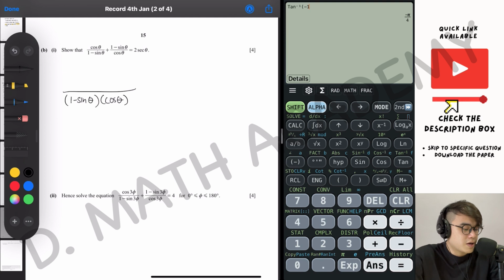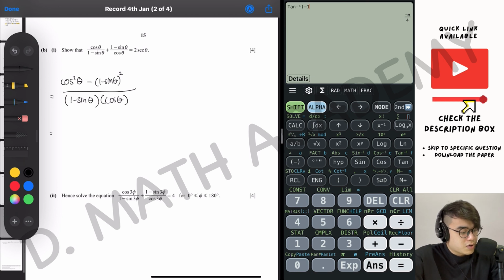As for numerator, however, it now becomes this, and 1 minus sine theta, 1 plus sine theta. No, they are the same. So it was being squared then. Okay, so with this, let's continue. We're not done with it yet.